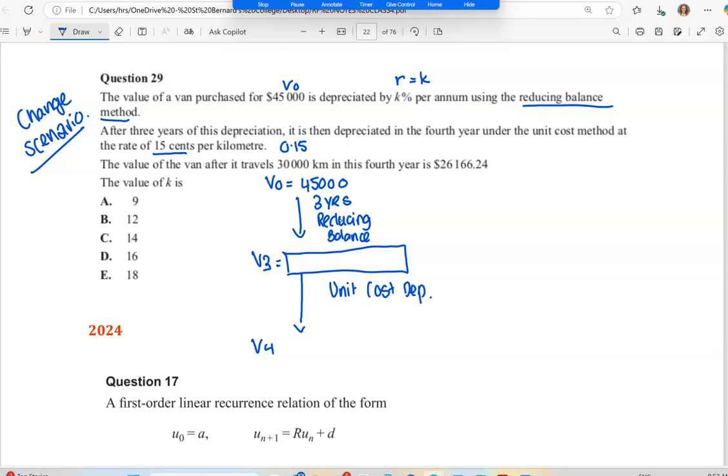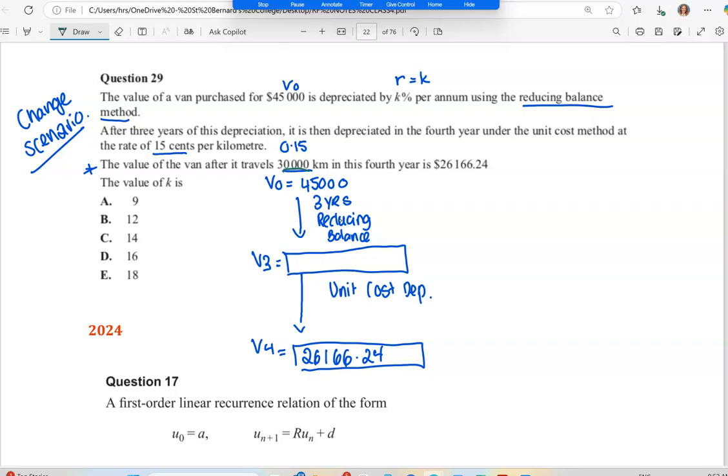And so what you know is V4. They told you what it finally gets to, 26,166.24. They did give me another piece of information. They said the value of the van after it travels 30,000 kilometers in the 4th year.